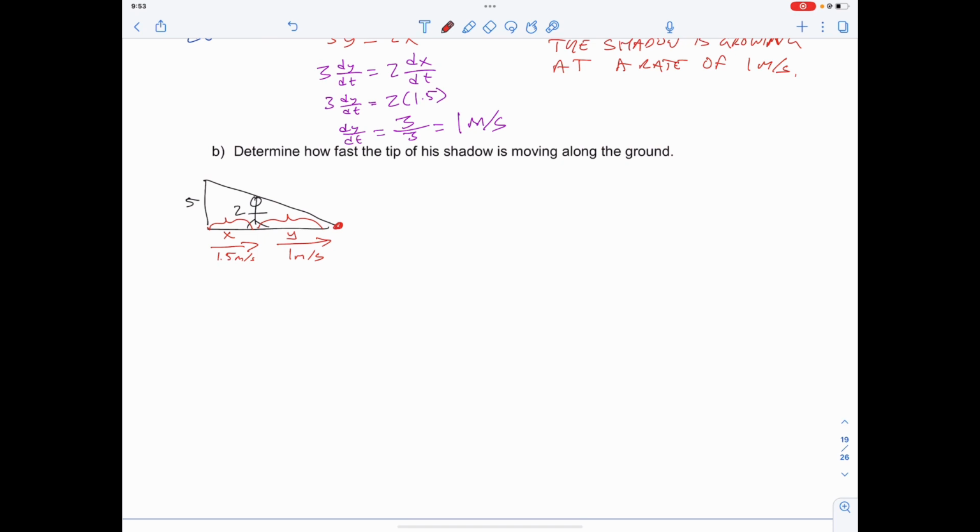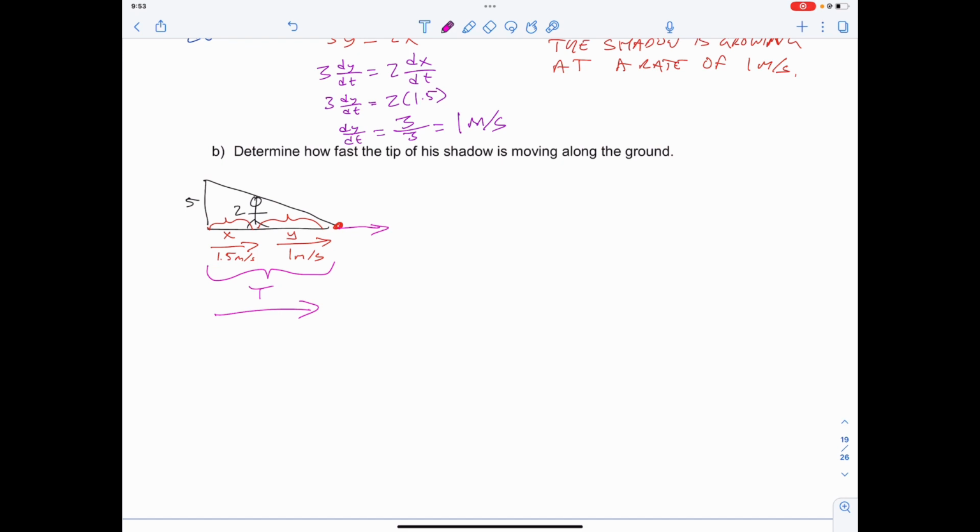and this is the tip of the shadow, then this tip of the shadow is stretching out at a combined rate. Well, both the x and the y are increasing, and the x and the y make up the total length.